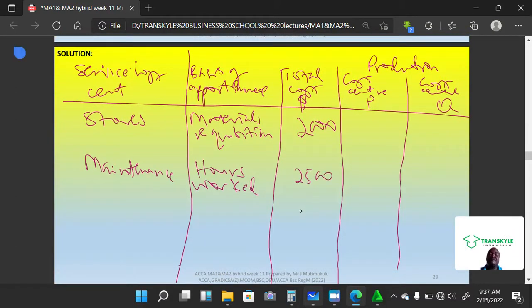Okay, we did that. And remember, we are concerned with these guys. We want to know how we are going to share the 2,000 between P and Q, and how we are going to share 2,500 between P and Q. So let's do the workings.